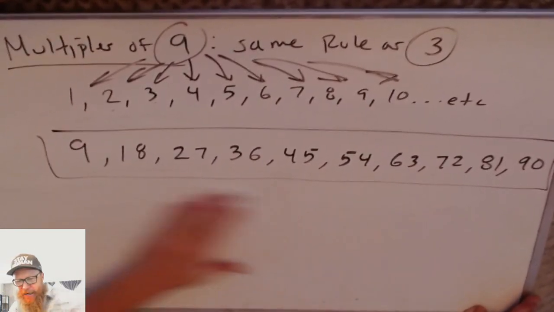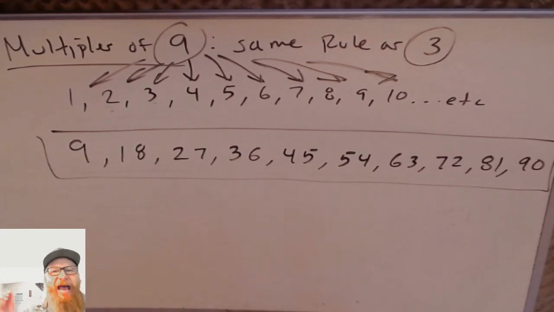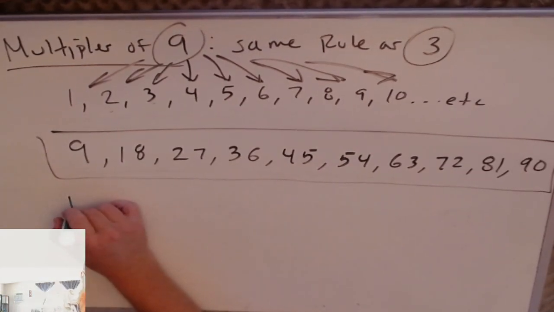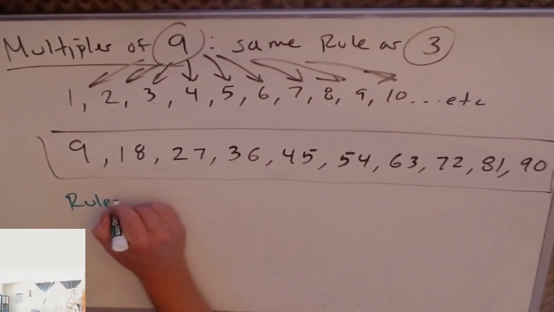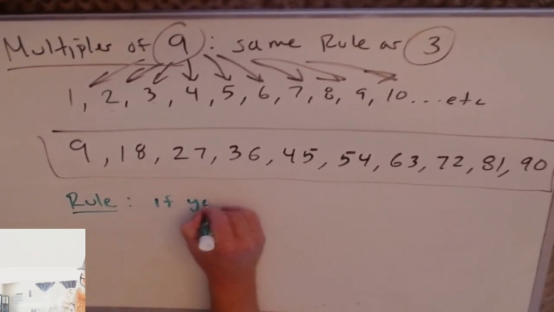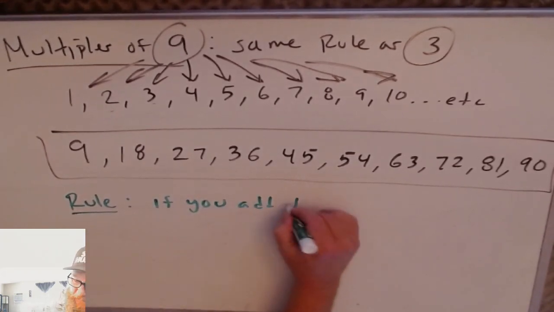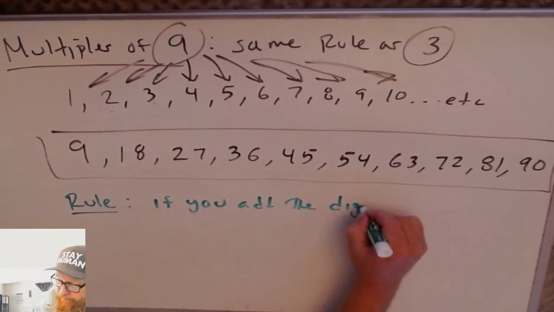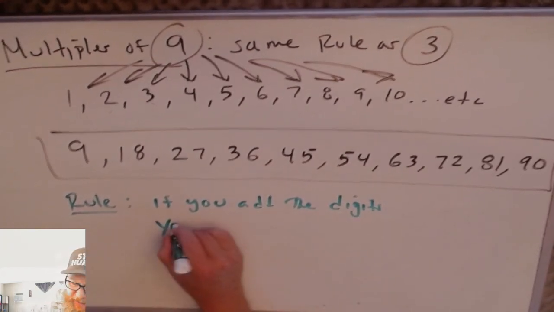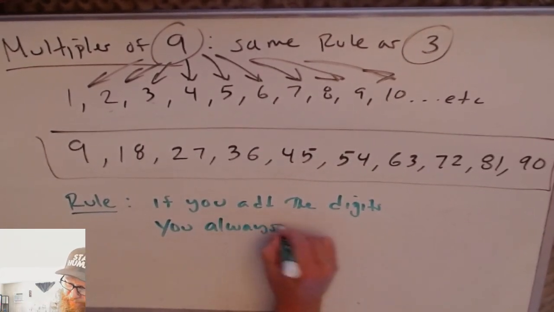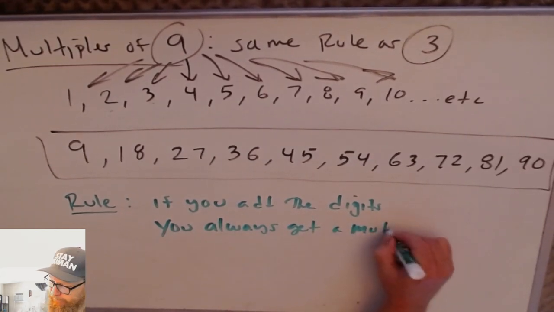If you add the digits, you always get a multiple of 9.